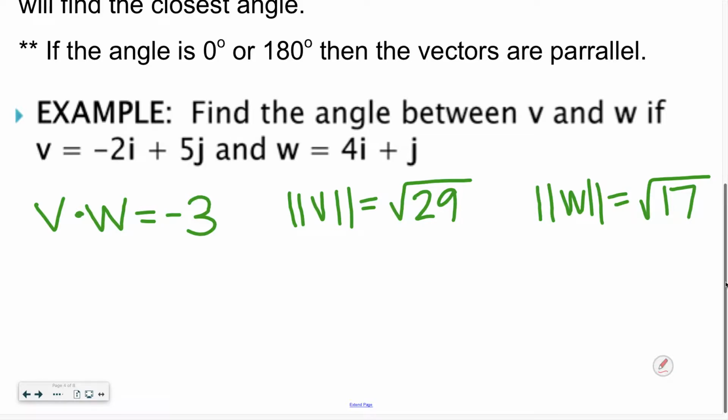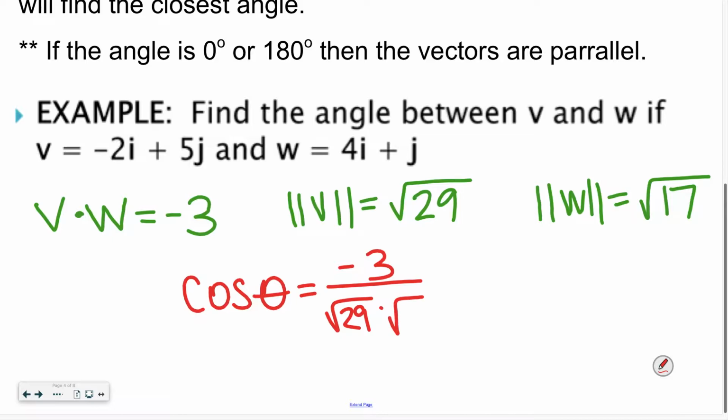So then, using our formula, the cosine of the angle in between would be the dot product over magnitude times magnitude. Now, before you get all calculator happy on me, please remember that if our numerator and/or denominator have more than one operation in it, or an operation of any kind, we need parentheses.